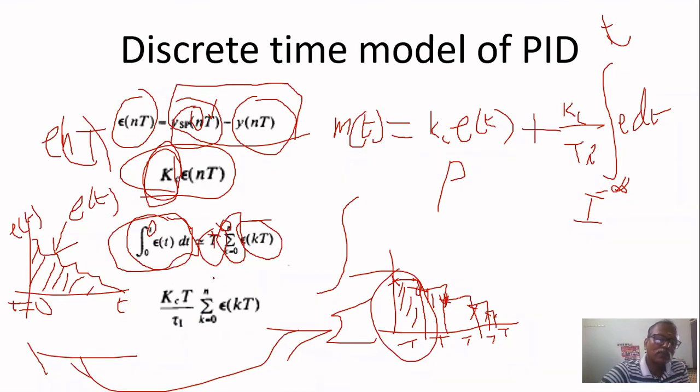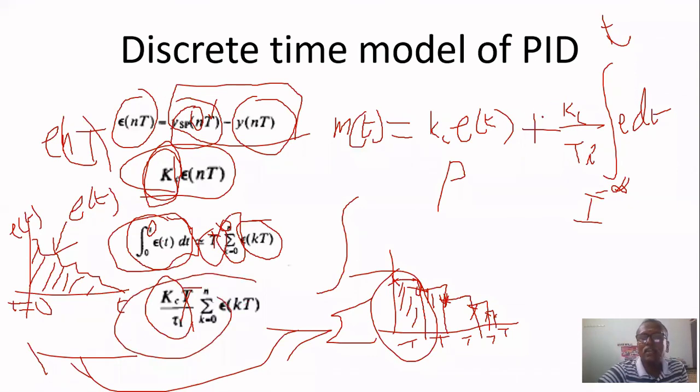So what is the integral output? Kc by Ti is there, multiplied by the sampling period, sum of k equal to 0 to n of e(kT). This is continuous.